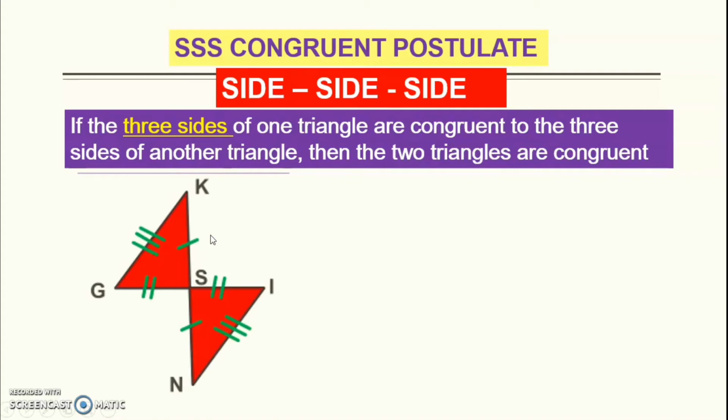So, meron tayong example, triangle KSJ and triangle NSI. Mapuprove natin na congruent sila kung ang tatlong sides nila are congruent. So, we have side KS is congruent to side NS. Okay?